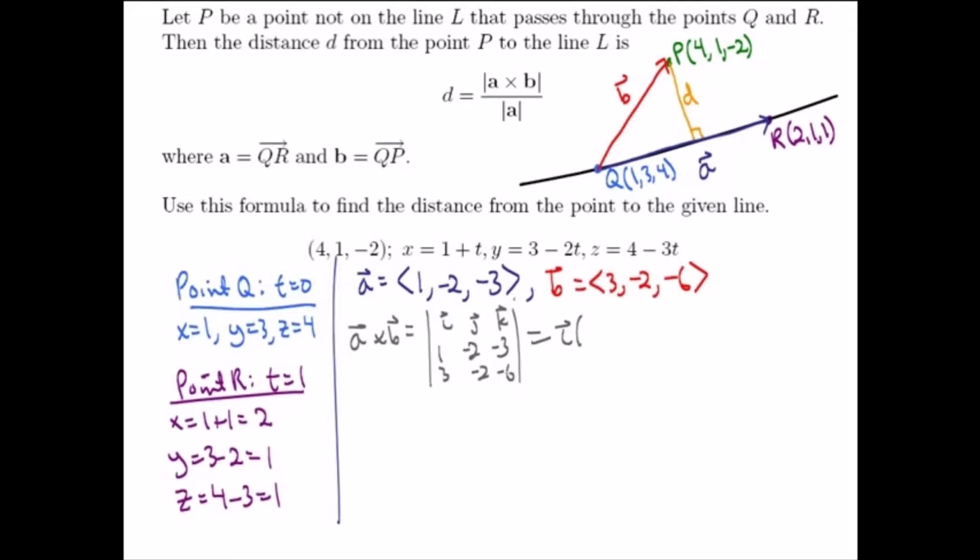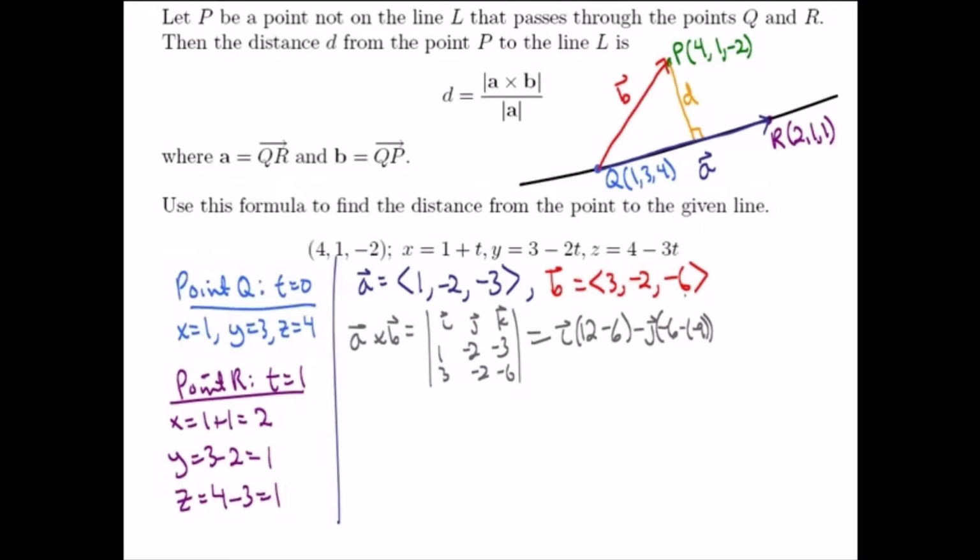That's a negative 2 times negative 6 is a positive 12, minus negative 2 times negative 3, which is 6. And then minus j. Block out the column and row of j, and take the determinant of the remaining 2 by 2. 1 times negative 6 is negative 6. Minus 3 times negative 3, that's minus a negative 9 then.